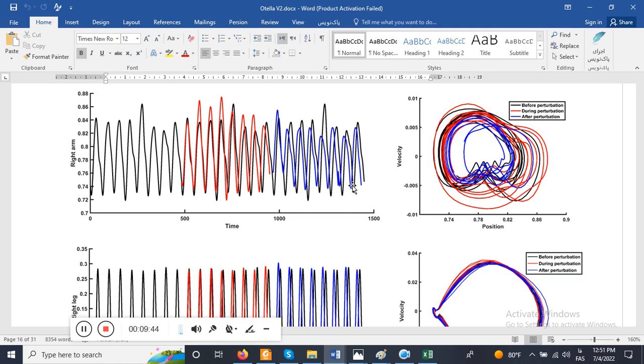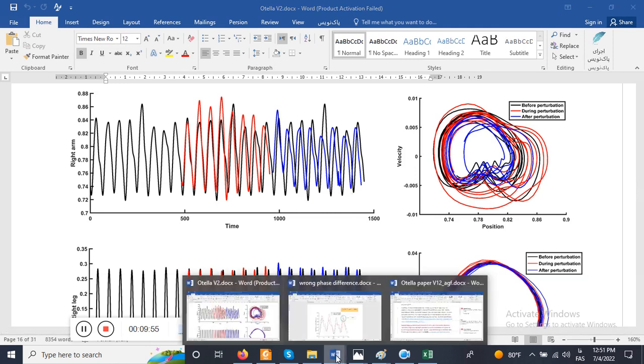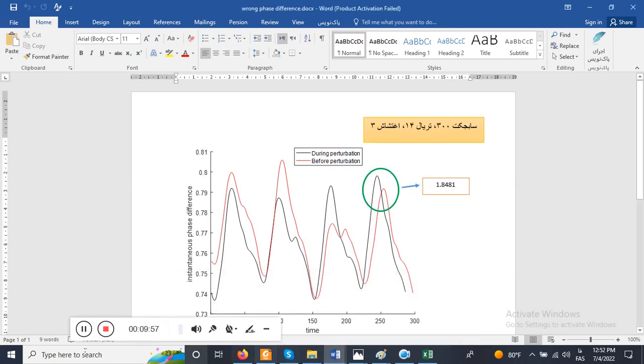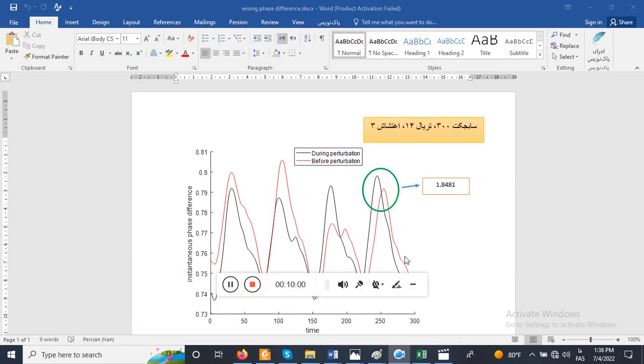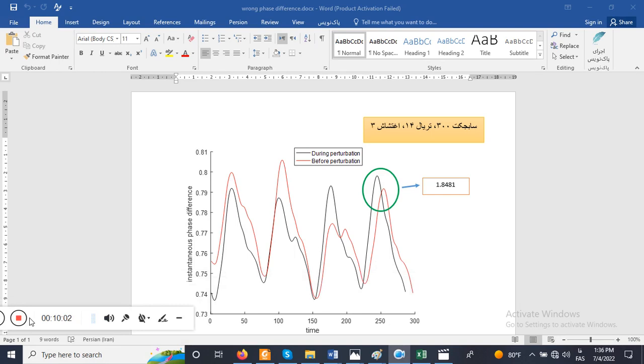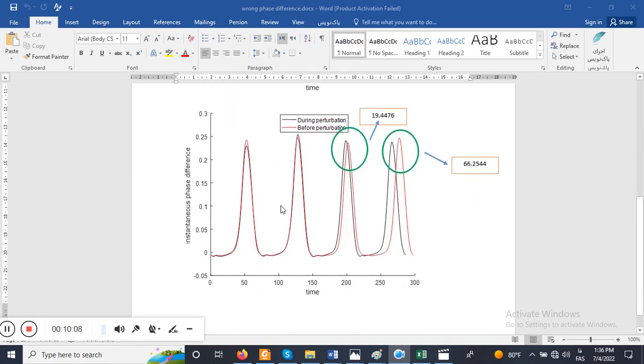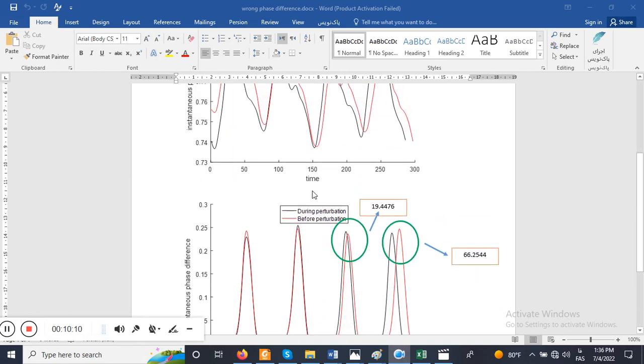The more components, the more discrepancy between what we observed here. For example, here we have two signals for right hand and right leg for one of the subjects.